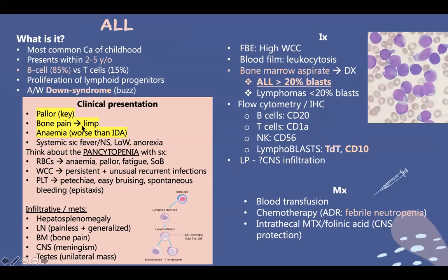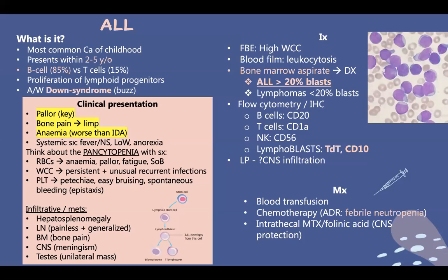If you think about exactly what's happening, you have the systemic features, of course, but think about the pancytopenia. This tumor is occurring in the bone marrow, so you can have anemia symptoms. With white cells, you can have recurrent infections, because even though you have a lot of white cells, they're immature, so they're not doing the roles that they would normally do. Platelets, you don't have platelets to stop your bleeding, so you have mucosal bleeding, spontaneous bleeding, petechiae, bruising.